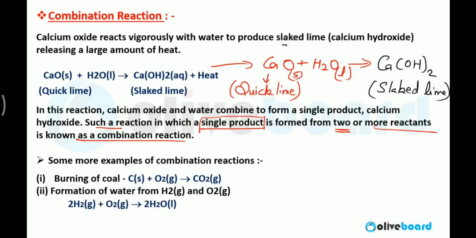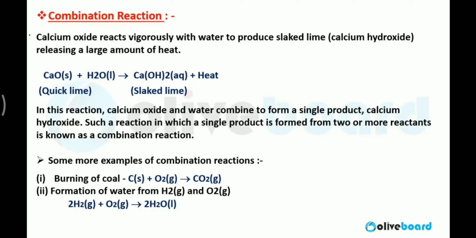So just after combining two reactants, we are getting a single product. This kind of reaction where a single product is formed from two or more reactants is known as a combination reaction. Clear? Very, very easy.